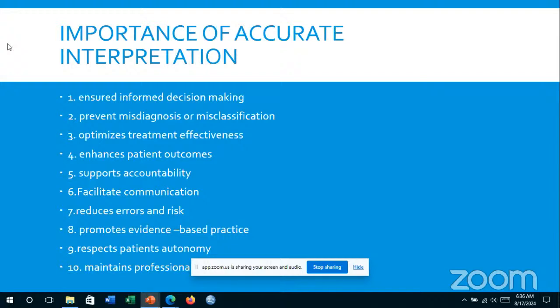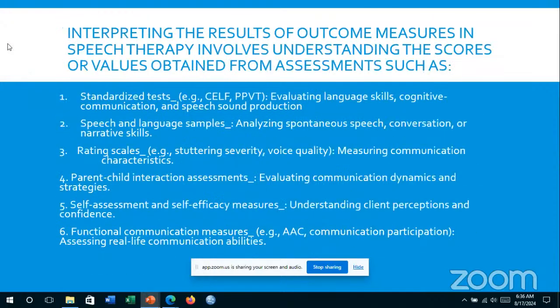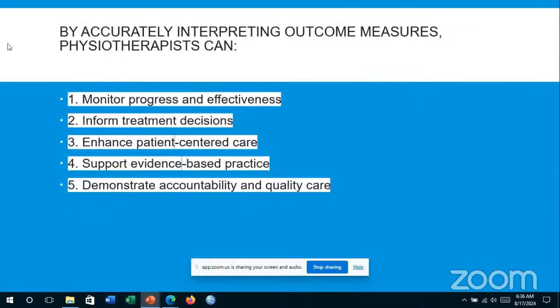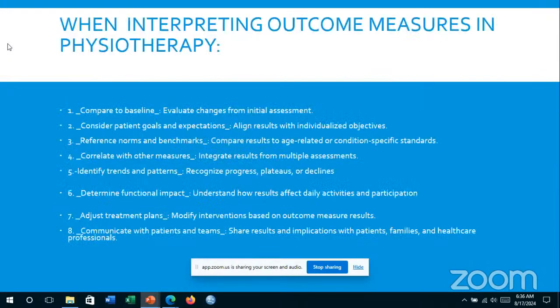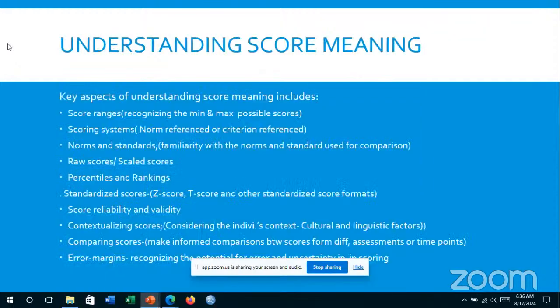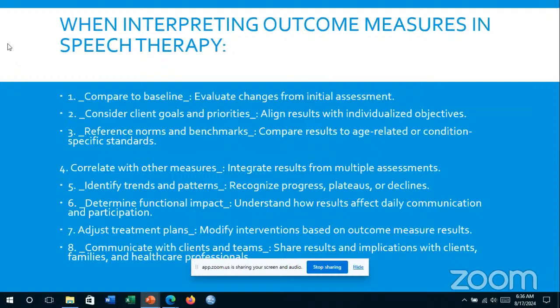So when you are interpreting and analyzing results, what are you supposed to do? You have to compare to the norm. You compare to norms what the person brought, the concern of the patient, what the case history reads, how it was described from the initial point.